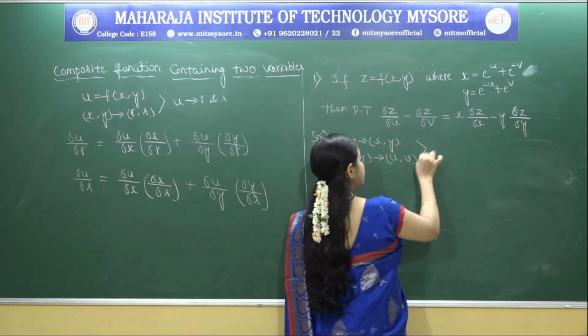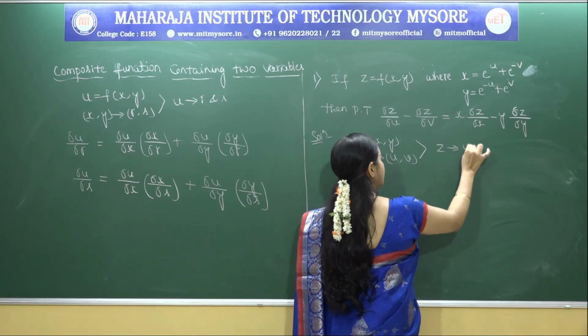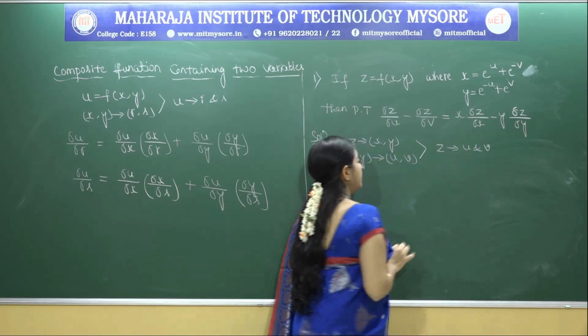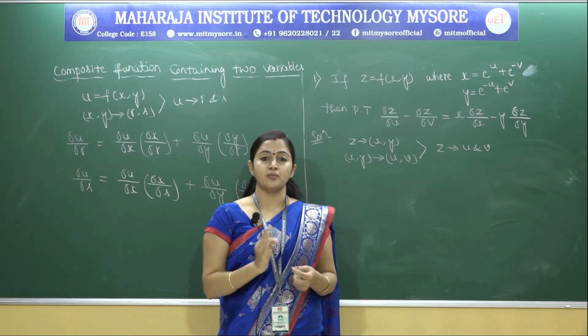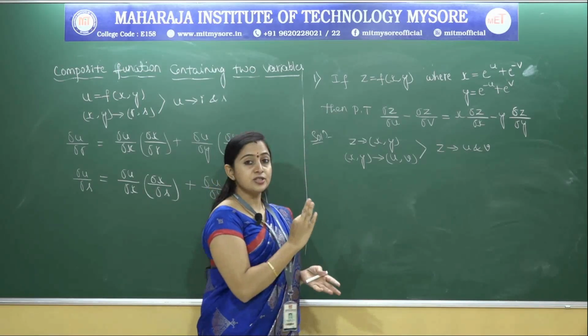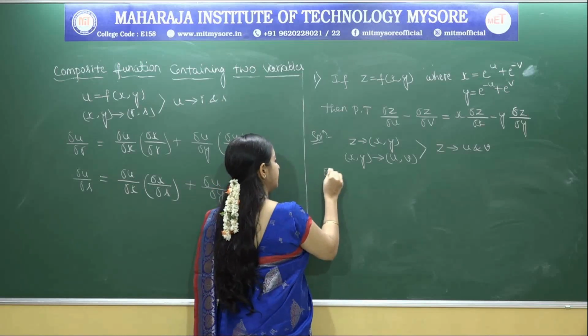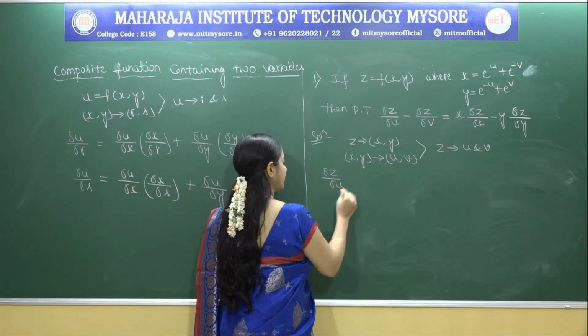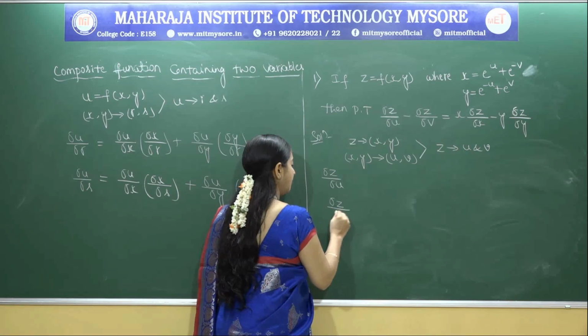So z is the composite function of u and v in terms of x and y. First, to construct the formula, del z divided by del u and del z divided by del v.